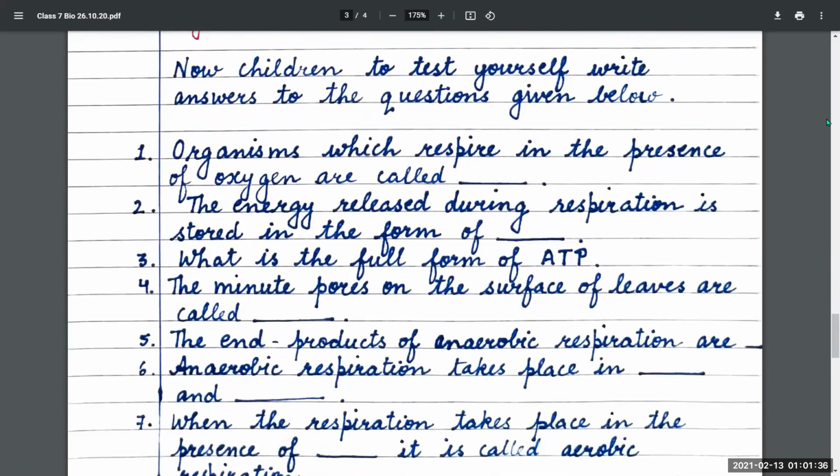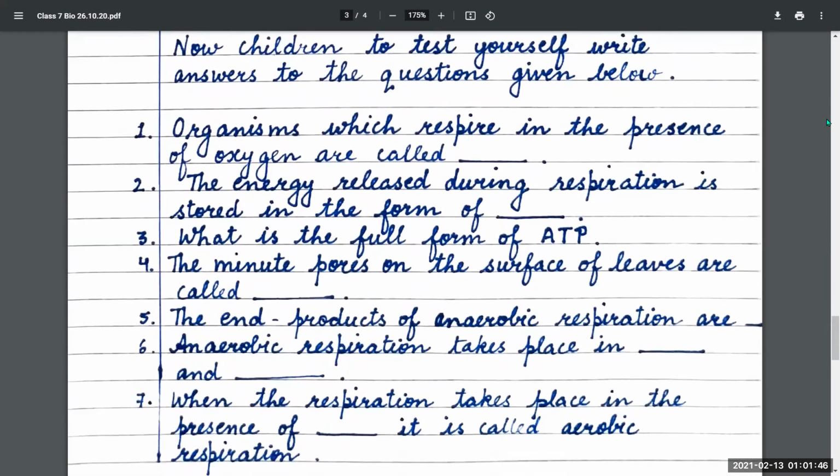Now, children, to test yourself, write answers to the questions given below. Number 1. Organisms which respire in the presence of oxygen are called dash. Number 2.